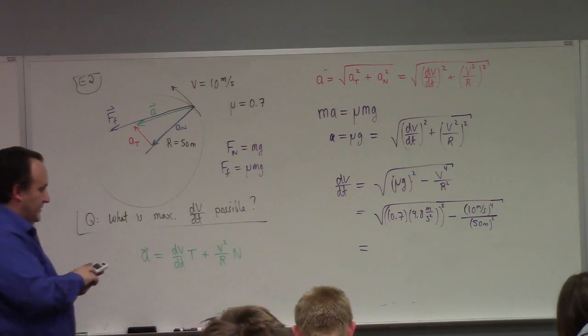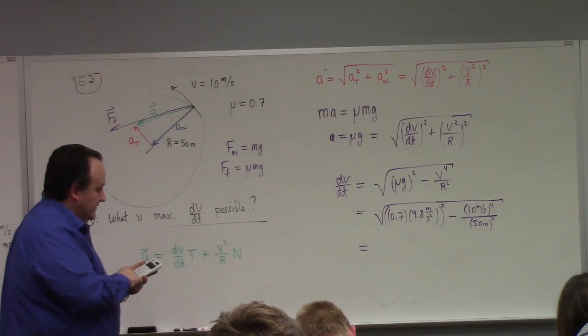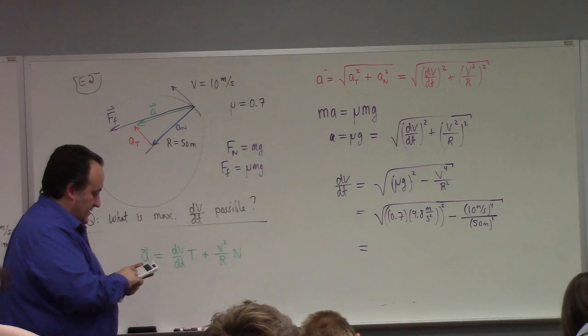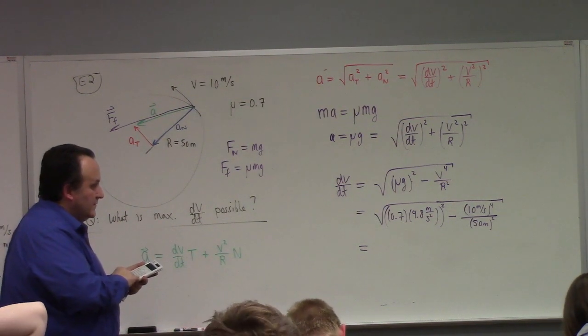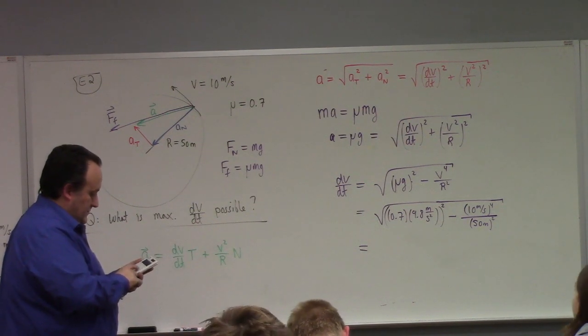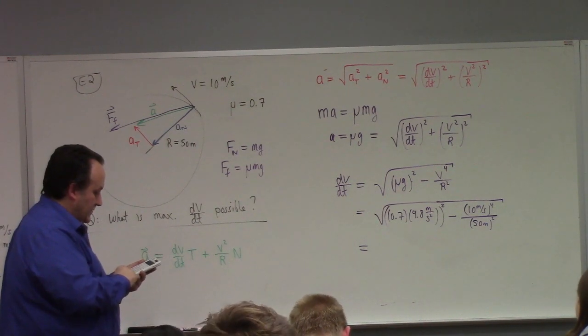Well, I don't know. What are we at? 0.7 times 9.8. Square that. Subtract 10 to the fourth divided by 50 squared.